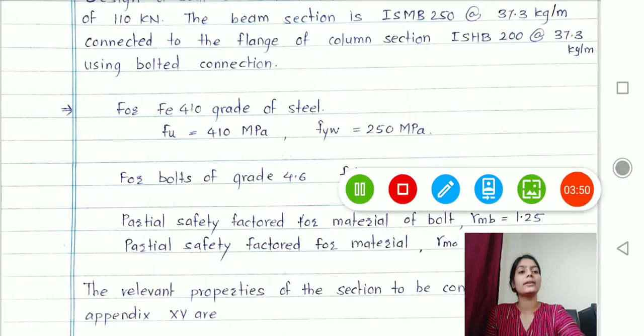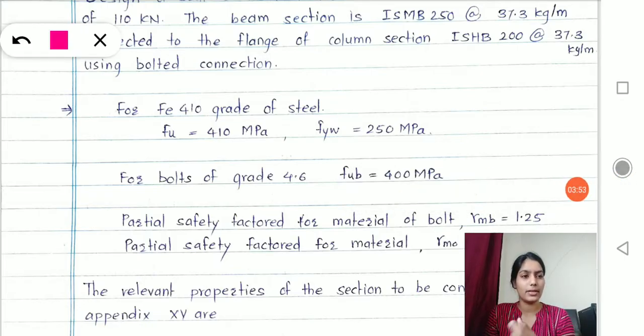Why we are enlisting properties, you will understand ahead. Since we are using bolted connection, for any material we have to know its yield stress. Here the ultimate stress of Fe 410 grade steel is fu 410 MPa.